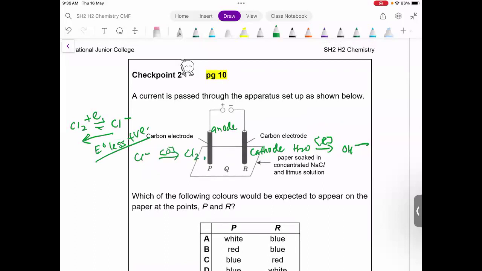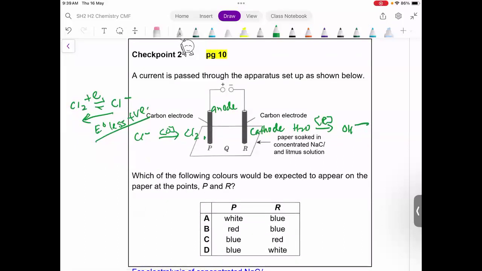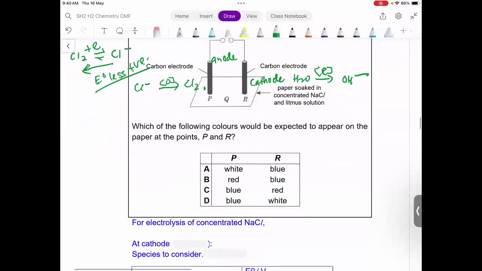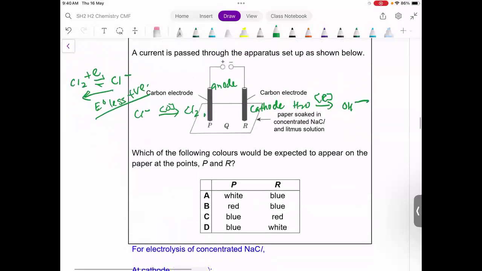Okay, so chlorine, right? How will it react with the litmus paper? Yeah, it will bleach it. So litmus paper will become white. So in this case, for the anode, which is P, it will become white. Why white?